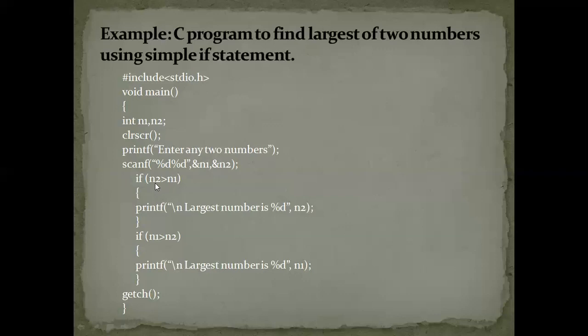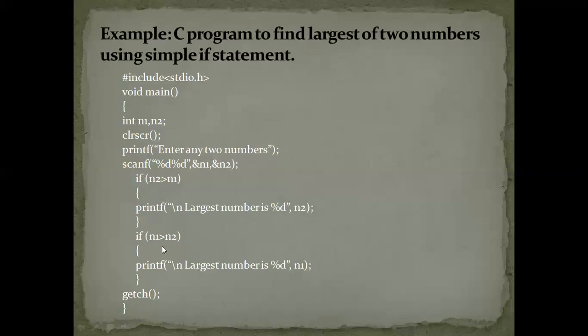N2 is greater. So what am I supposed to display? The largest number is n2. Understood? When the condition n2 greater than n1 is evaluated to be true, I display the message that the largest number is n2.